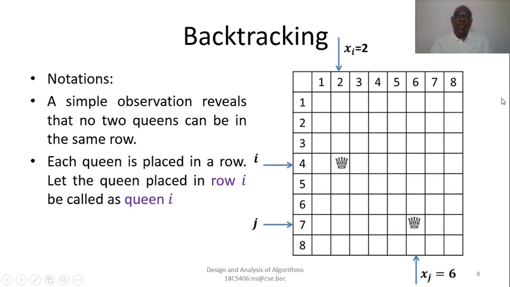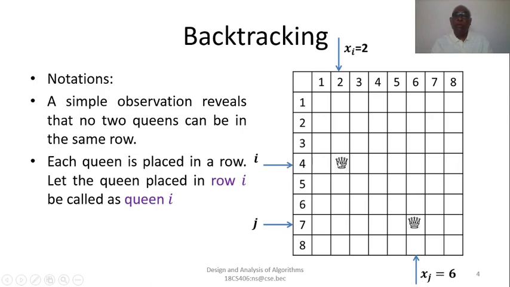Now, each queen is placed in a row, and suppose we consider this queen which is placed in the fourth row. So the value of i is 4, where i represents the row in which the queen is placed. Because this queen is placed in the fourth row, obviously this is the fourth queen.